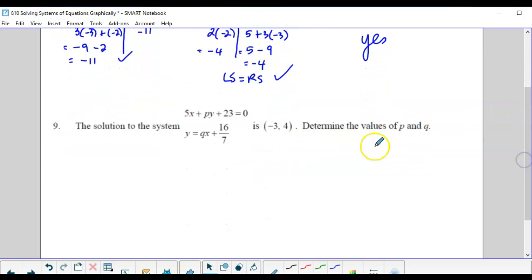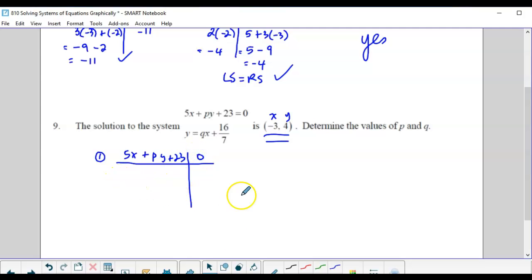Next one, notice how it says the solution is this value. So now determine the values of p and q. This is your x and this is your y. So in your first equation, you've got 5x plus py plus 23 equals 0. We know it's a solution, so you don't need a t-chart.